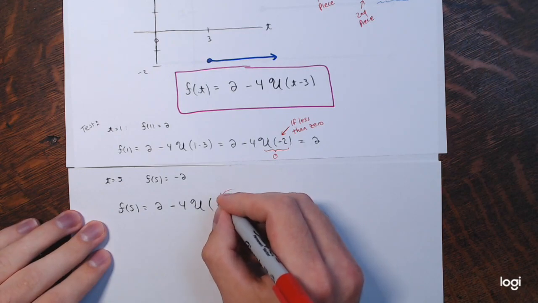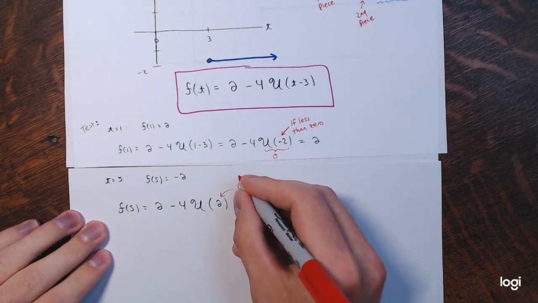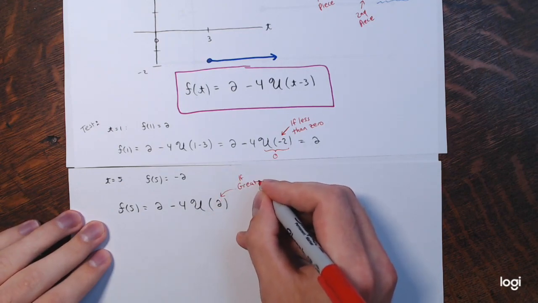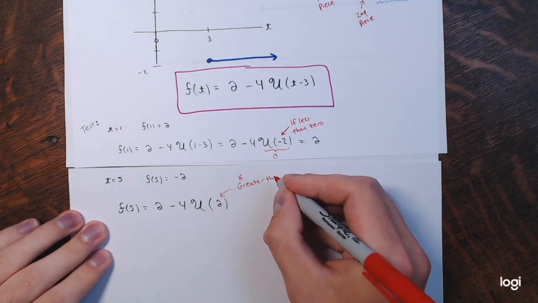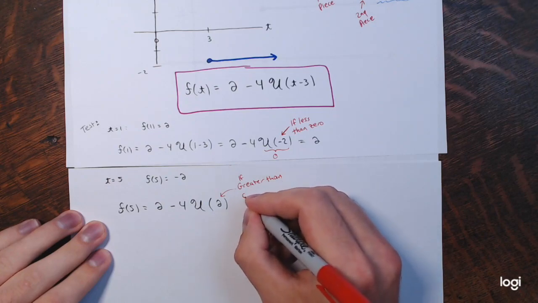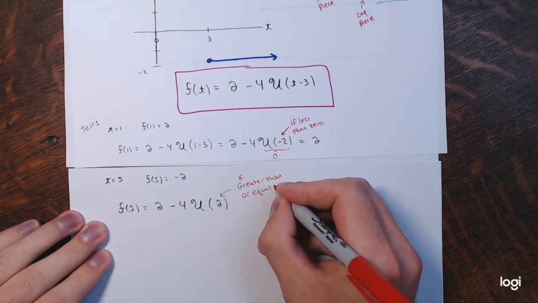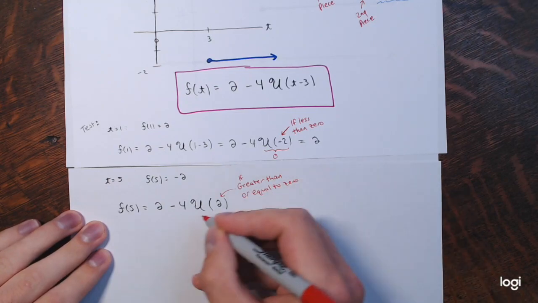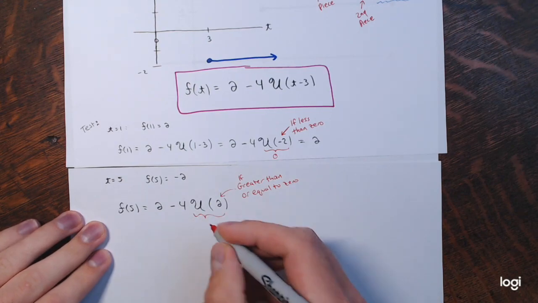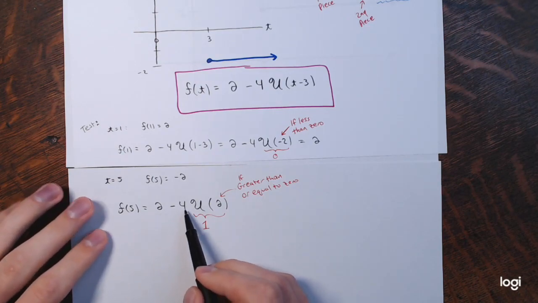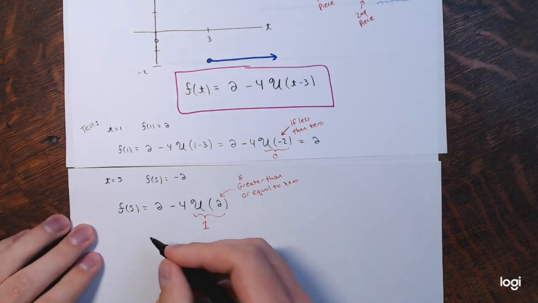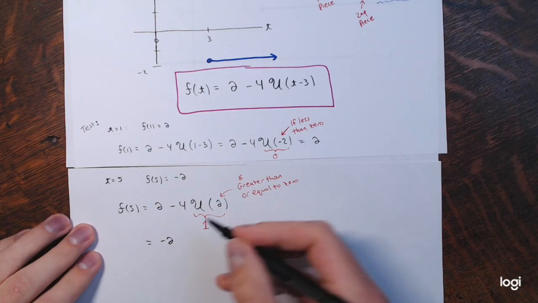And if the number inside the unit step function is greater than or equal to 0, then the output of the unit step function is 1. So what I end up with here is 2 minus 4 times 1. That's 2 minus 4, or negative 2, as it should be.